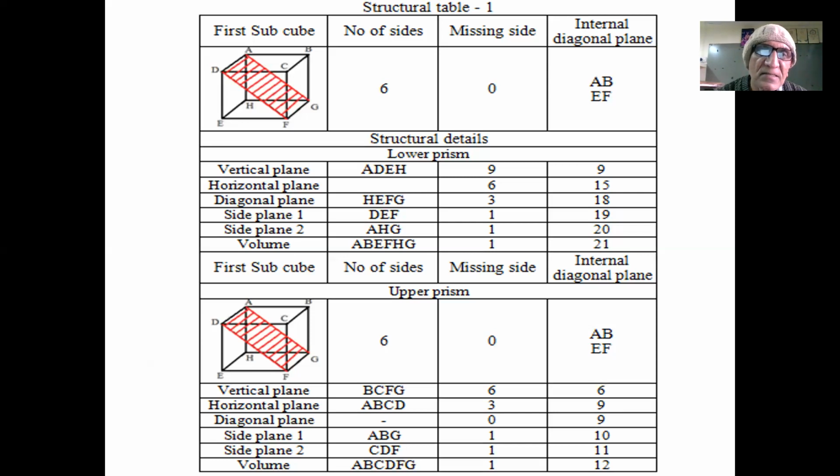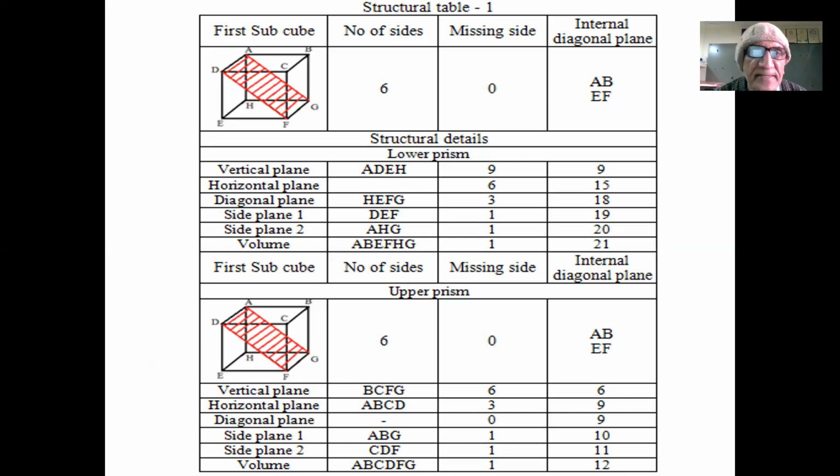These 6 components with their individual contribution as 9, 6, 3, 1, 1, 1 makes total setup of 21 structural components. So the first subcube with its first prism comes to be a setup of 21 structural components.